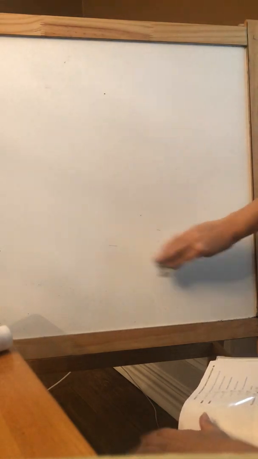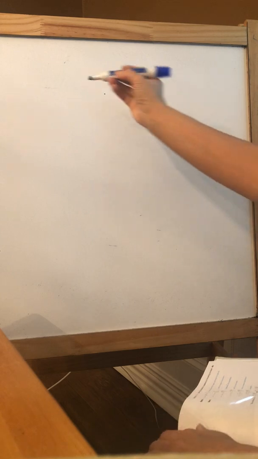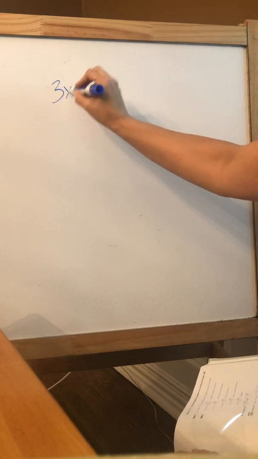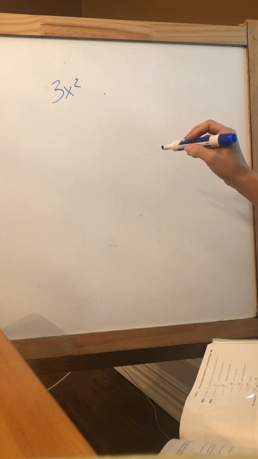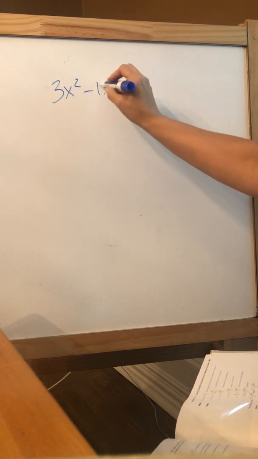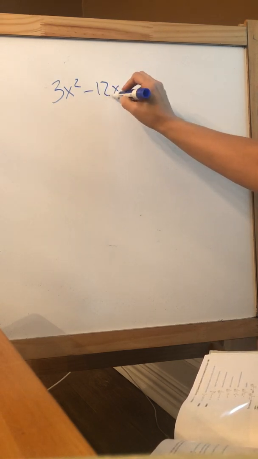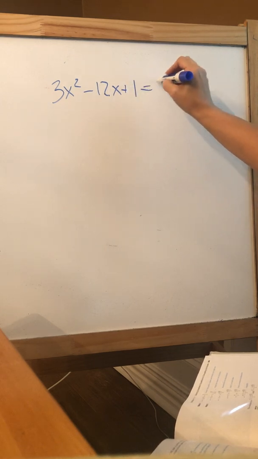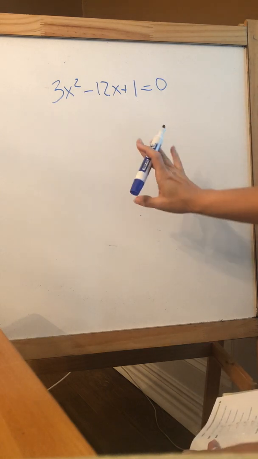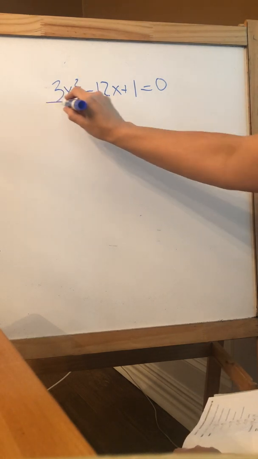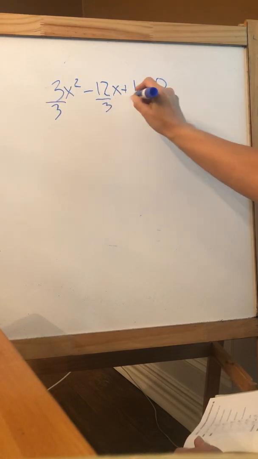All right. Practice 7 says 3x squared minus 12x plus 1 equals 0. All right, so first thing, you have to get rid of this 3 here, right? So divide everything by 3.